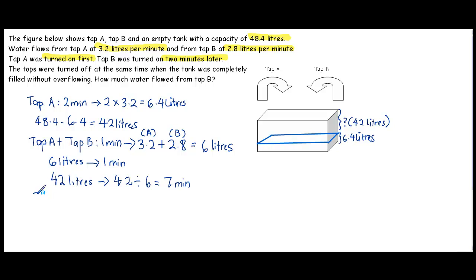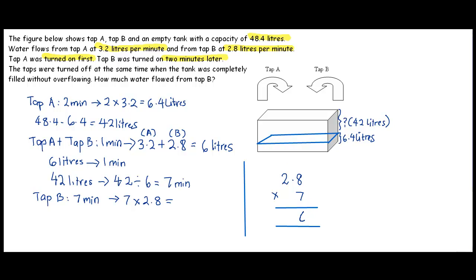So we have tap B, and in 7 minutes the amount of water that flowed out would be 7 times 2.8 litres, and this would give us 19.6 litres.